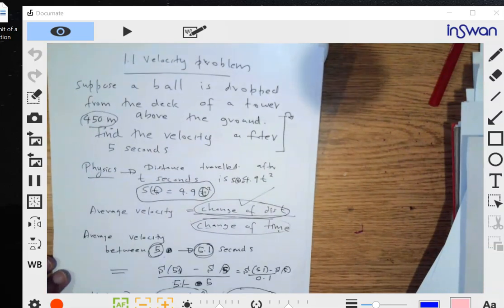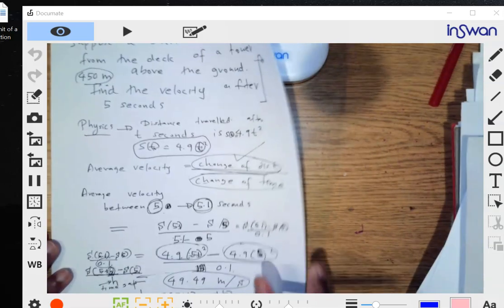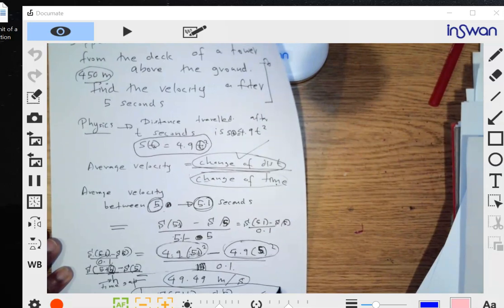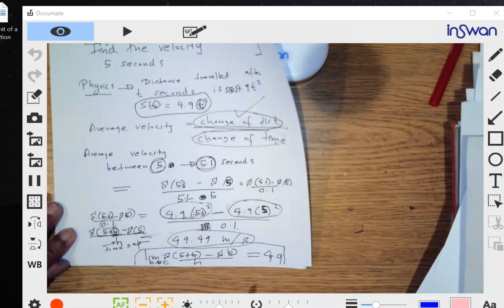So this is the idea of a limit. We will learn later that this velocity that we found at 5 seconds is called the instant velocity.